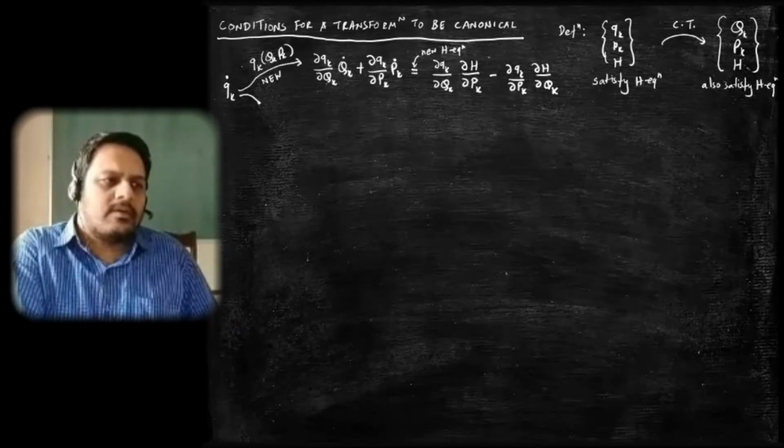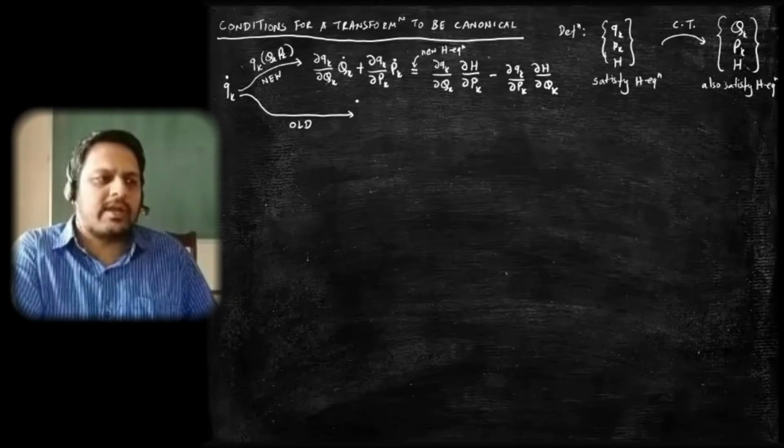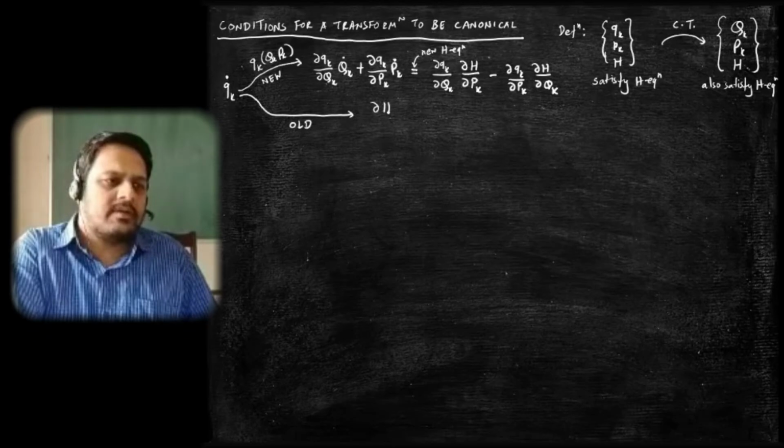However, you can also try it directly in terms of the old variables itself. What is Qk dot in terms of Hamilton's equations of motion? It will just be ∂H/∂pk.